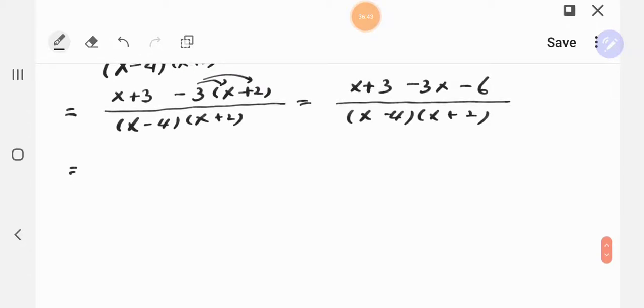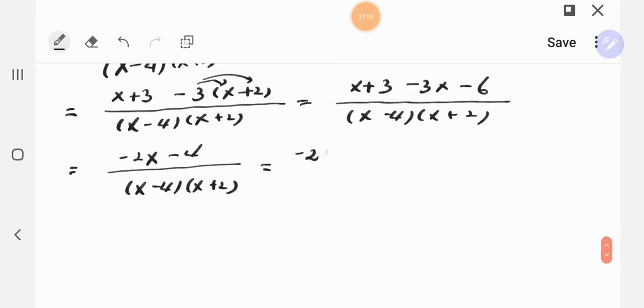Then simplify the numerator again. So we have minus 2x and then negative 4. Denominator x minus 4, x plus 2. Look at the numerator. We can factor out negative 2. If the leading coefficient is negative, then always factor out the negative.